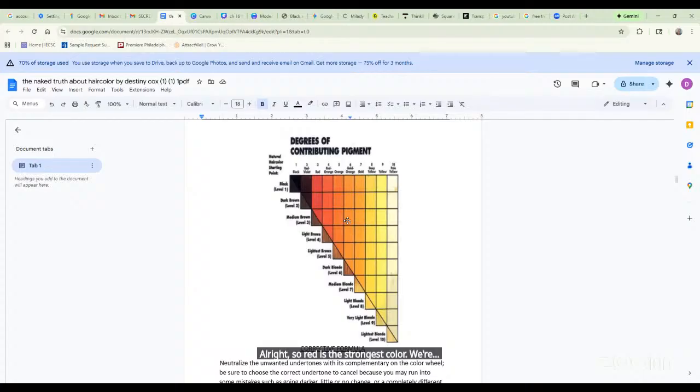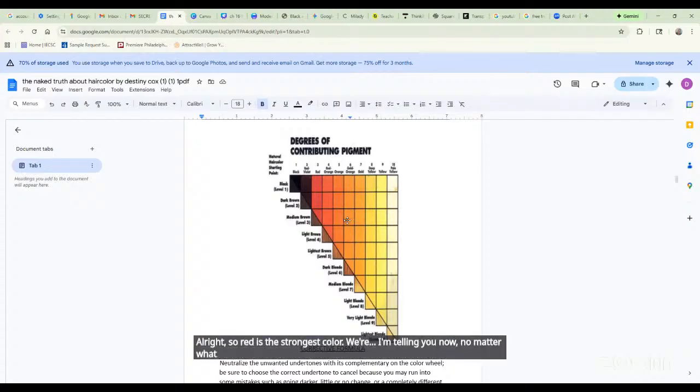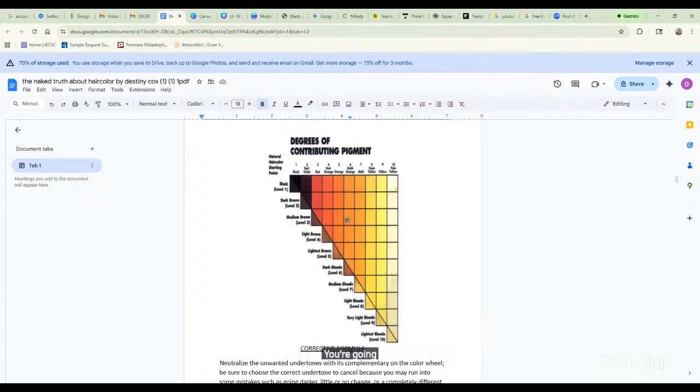I'm telling you now, no matter what formula you get, you're going to have to make sure you formulate to cancel red. When we looked at the color wheel, what's opposite red on the color wheel?